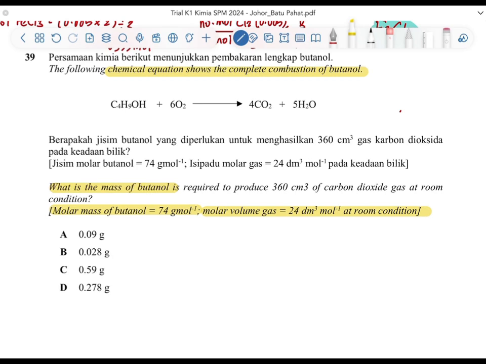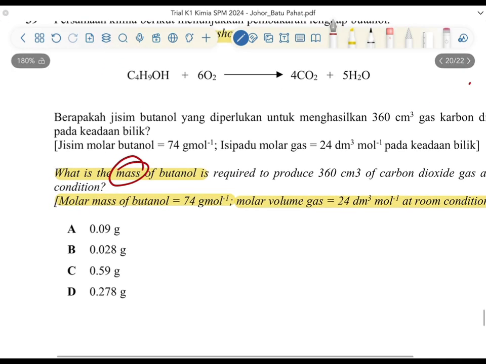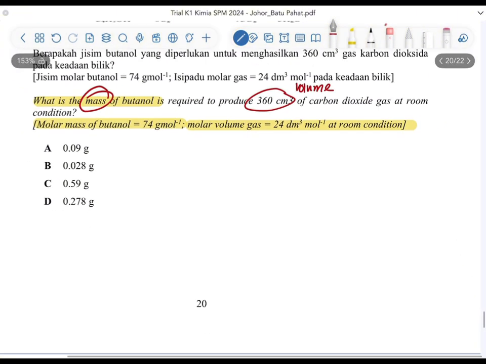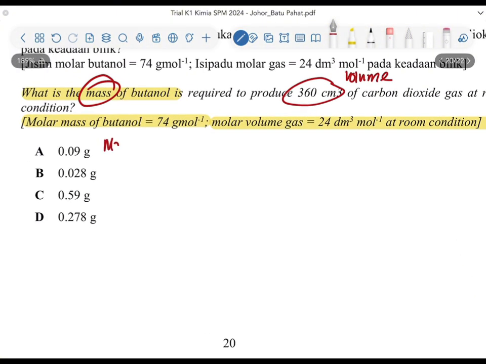So what is the mass? So mass is what we are going to find for this question, and this is the volume. In order to find mass, we need to know the number of mole times molar mass.